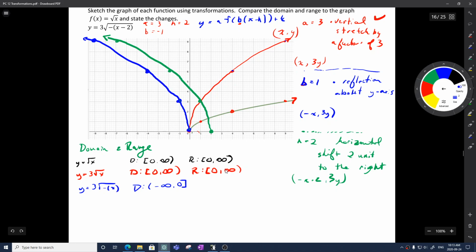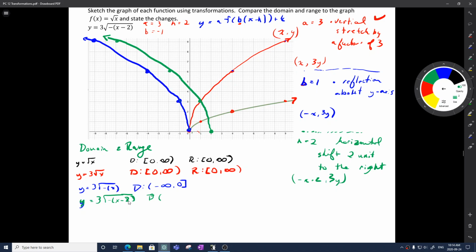Last but not least, thankfully we're almost done this question. Let's go to green. Now h is equal to 2. We're going to shift it 2 units over to the right. So I can just simply put my functional notation there, which isn't necessary. But if I'm going to shift this over to the right, for my domain I add 2, right?